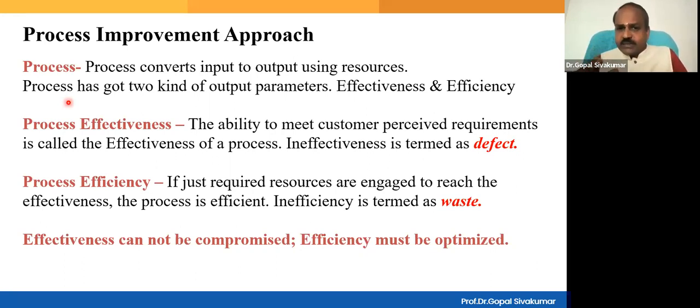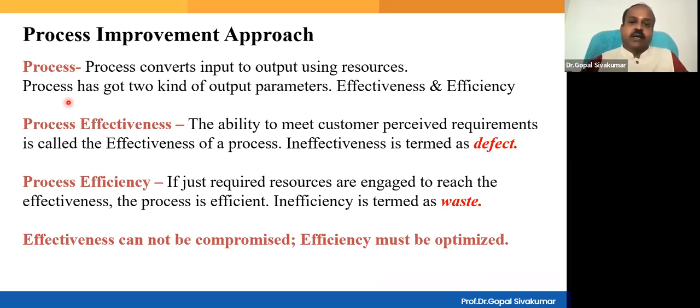You can measure the effectiveness of the process in any manner that you want. Right now, we understood one thing, 90 percent. This is called yield. Some companies measure the process effectiveness using a metric called CP and CPK. Some companies use DPMO. Some companies use PPM.